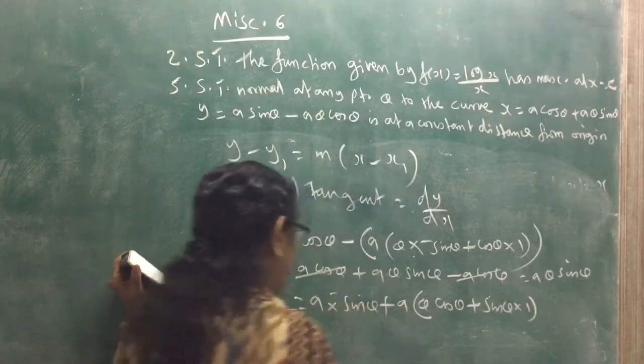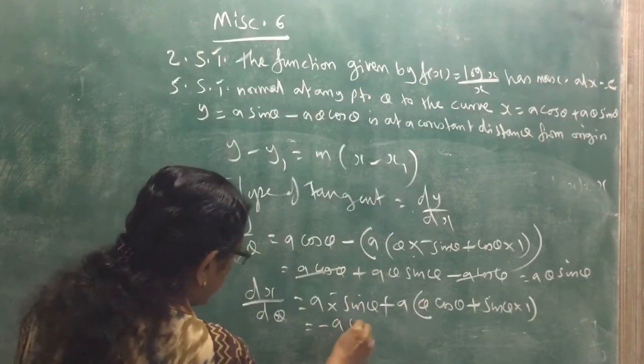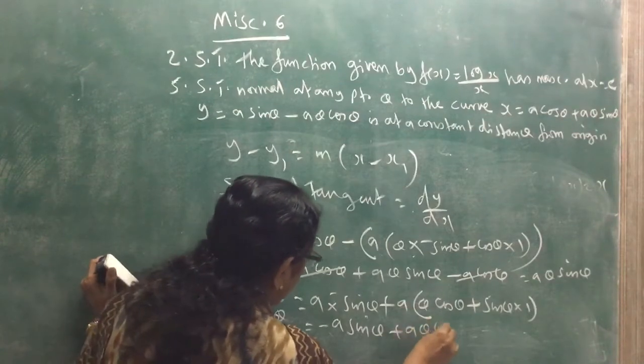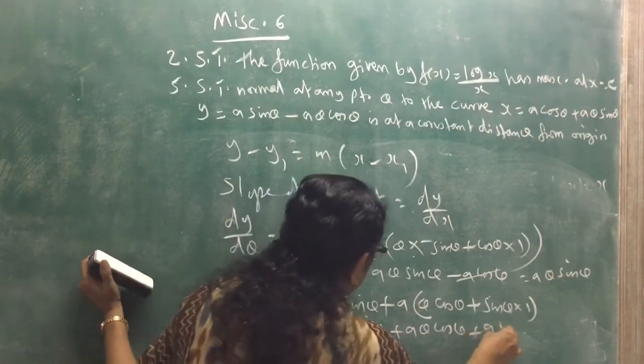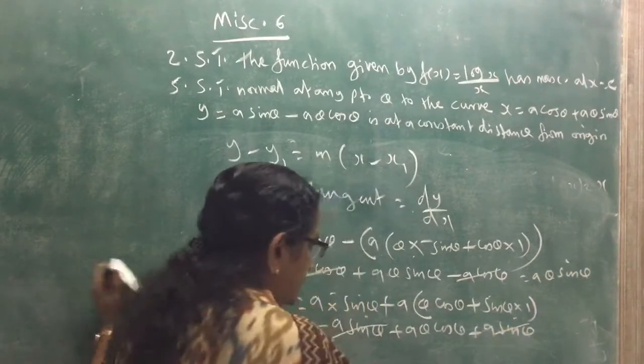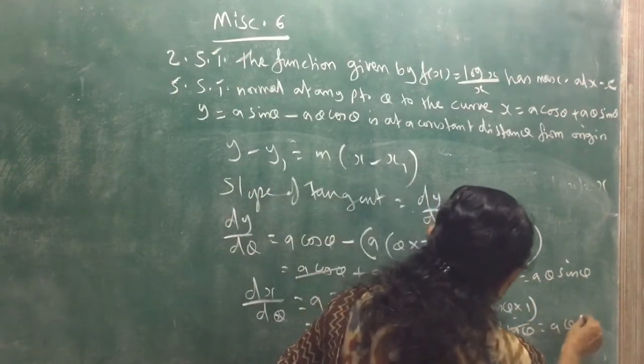That is equal to minus a sin theta plus a theta cos theta plus a sin theta. So minus a sin theta plus a sin theta cancel, we get a theta cos theta.